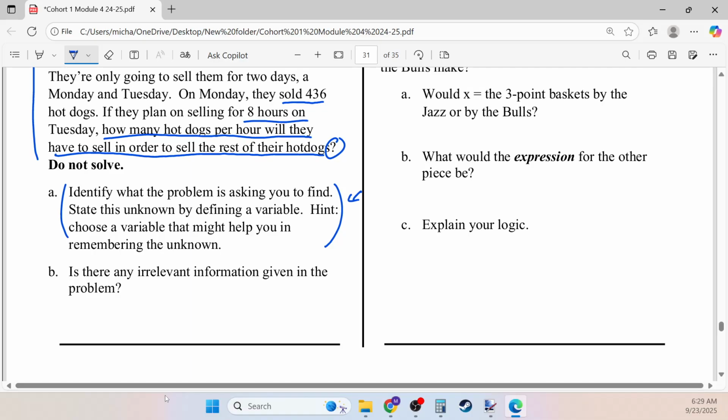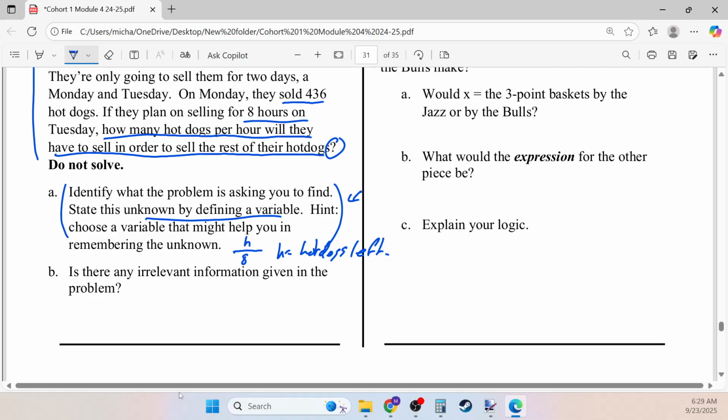State the unknown by defining a variable. Yeah, I'd say let's do H for hot dogs that are left. We'll divide it by 8 hours. I guess they just define a variable. It's just what it says. So H equals hot dogs left.